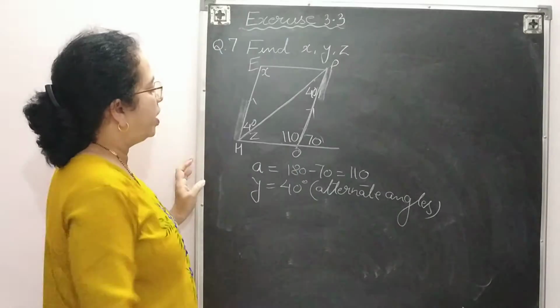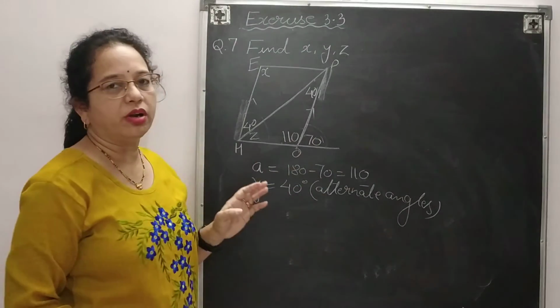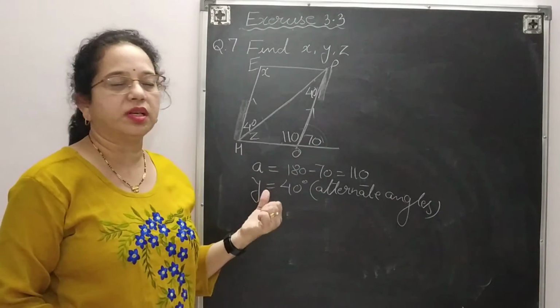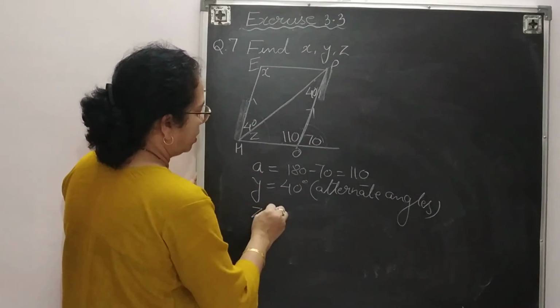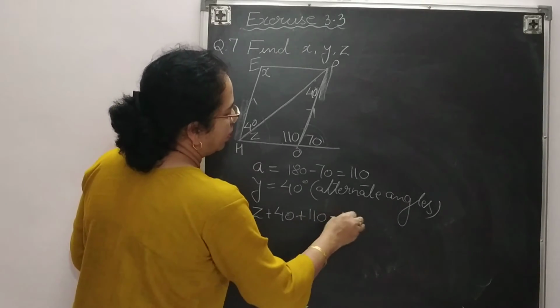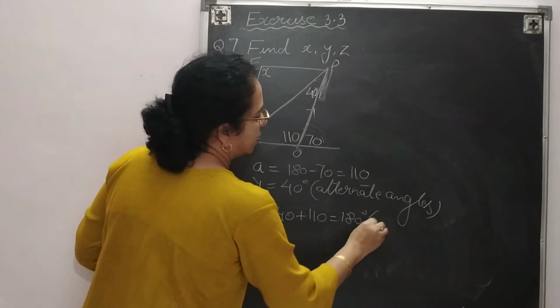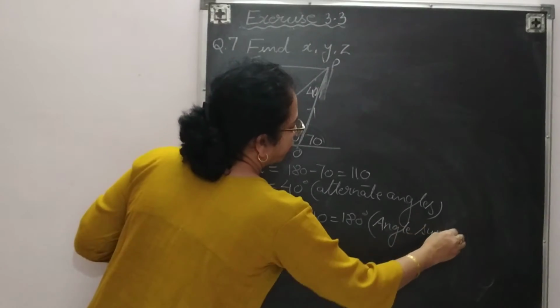Or any other way, 40 plus z, this and this will be a corresponding angle. You can use that concept also. Here I am using angle sum property. So z plus 40 plus 110 is equal to 180 degree. What is the reason? I am using here angle sum property.